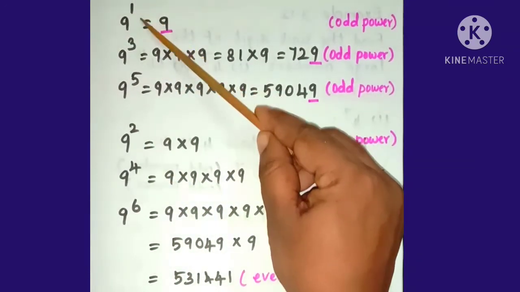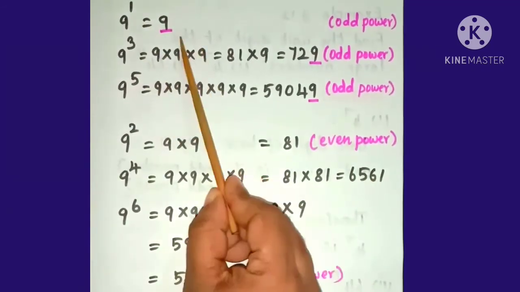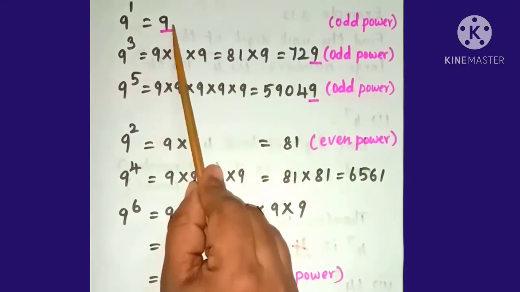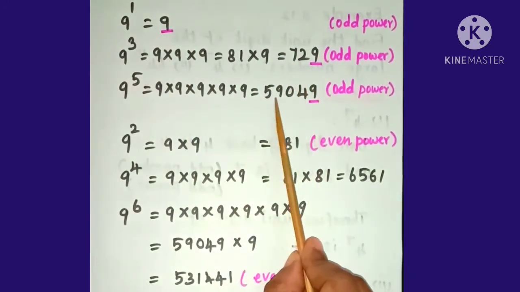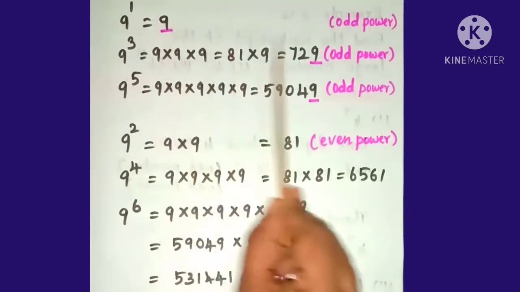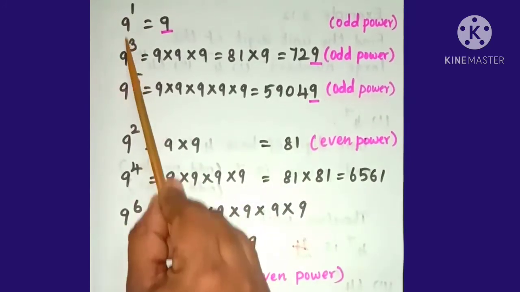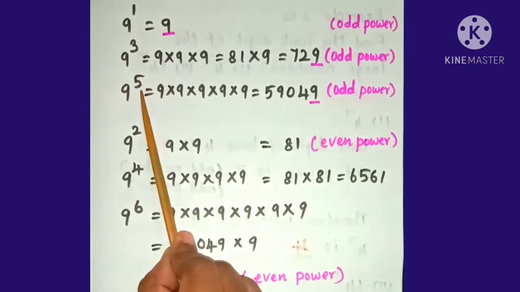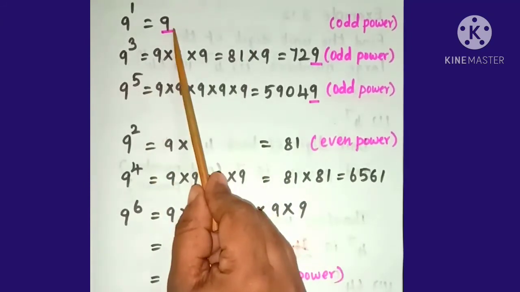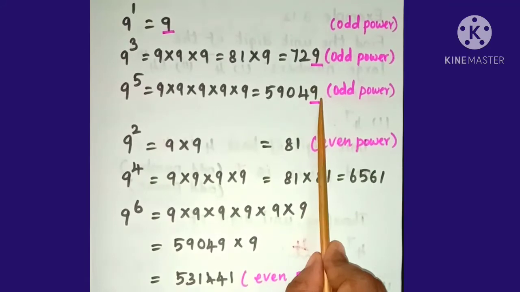So when the base 9 has odd powers, it results in 9, 729, 59,049, and here the unit digit is 9. So we conclude that base 9 with odd powers ends with the number 9, that is the expansion has unit digit 9.